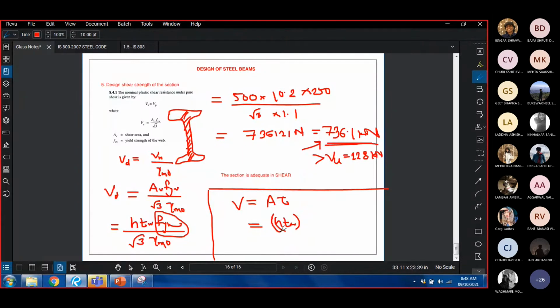Therefore, I replaced it with H into TW, or thickness of the web. And for tau, which is the maximum shear stress, our maximum shear stress is Fy upon square root 3. That is what I did. So I replaced tau by Fy upon square root 3 and A by HTW. So this is A, and this is our tau. Okay. Yeah. Thank you.